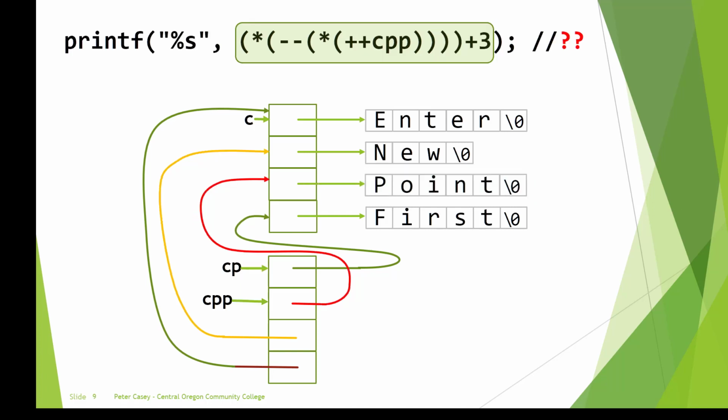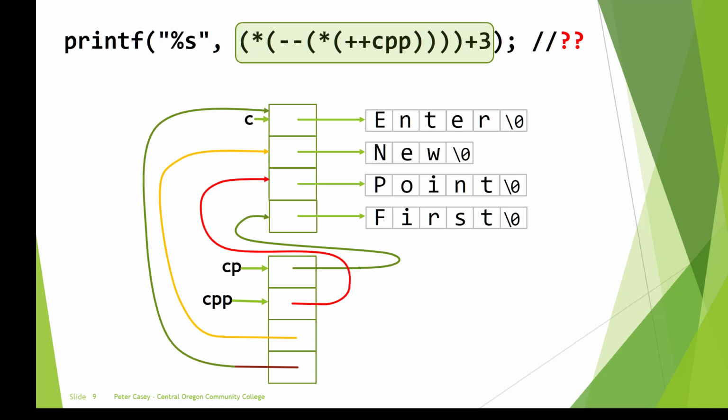Let's take a look at the next one. Now remember, CPP did get moved, so now it's pointing at the second element of the array CP. Well, this one increments CPP again and dereferences it. So it'll be pointing then at the third element in the array pointed to by CP. That's the yellow line you see there.